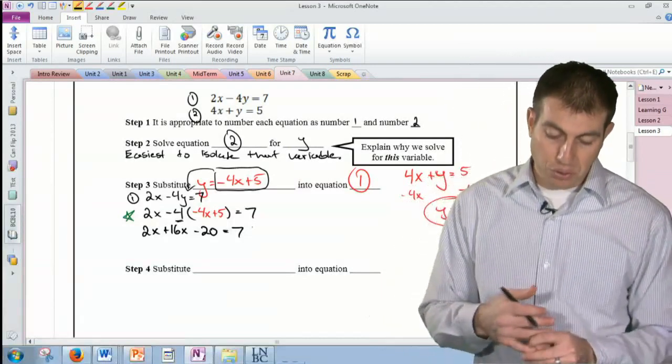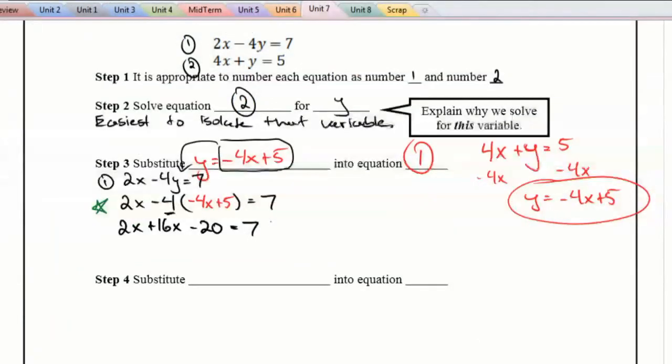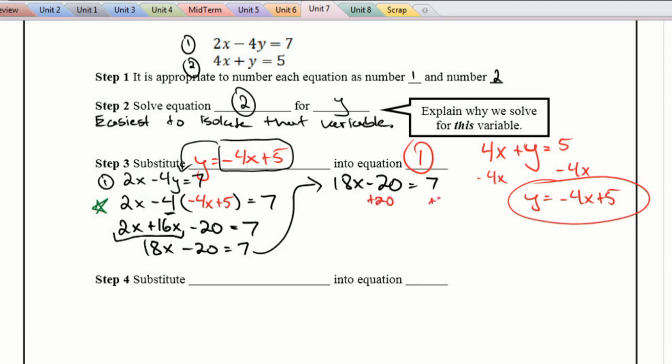So I have 2x and 16x, which is going to give me 18x. So just combining these two things together, minus 20 is 7. And then I'm going to add 20 to both sides. And that's going to give me 18x is 27.